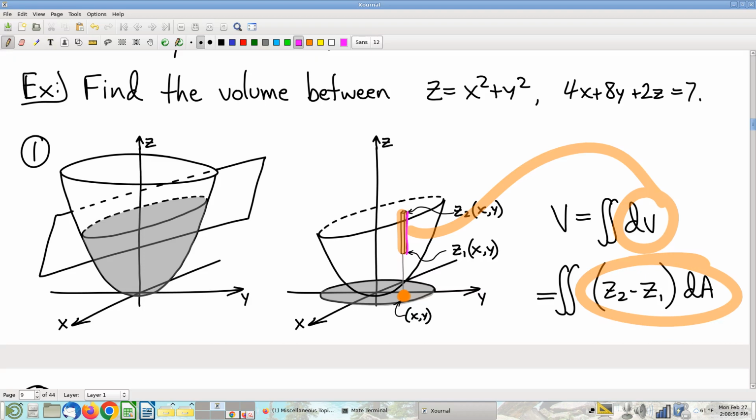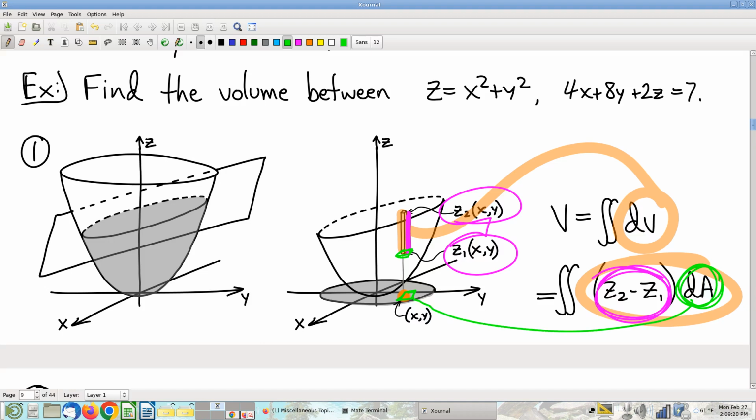The height is this z-coordinate minus that z-coordinate, so z2 minus z1. That's the height. And the area of the base is whatever this area is down here, which is dA.